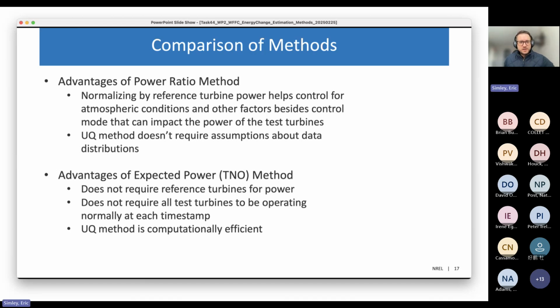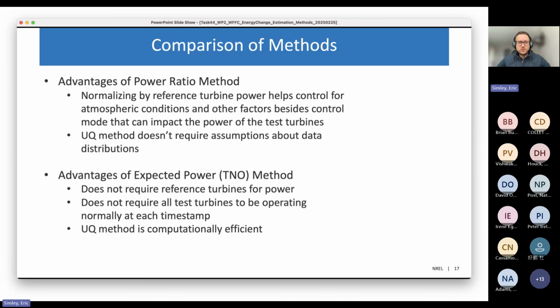So just to compare these methods, this is just my opinion, and other people might have other thoughts. The power ratio method, by normalizing by the power of the reference turbines, is nice because it can help control for atmospheric conditions and other factors besides the control mode that could impact the power of those test turbines. So maybe there's higher wind shear during some samples than other samples, or higher turbulence.